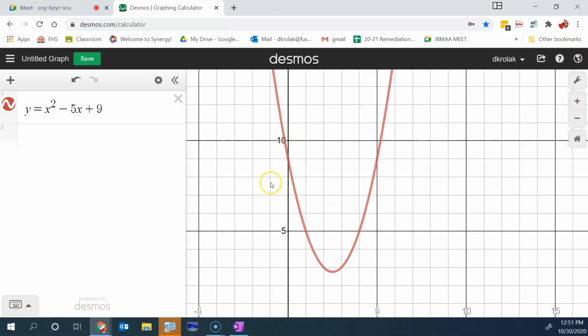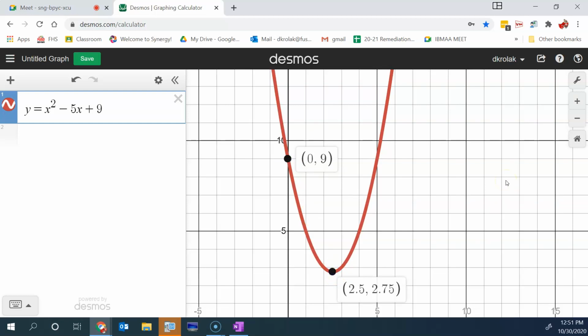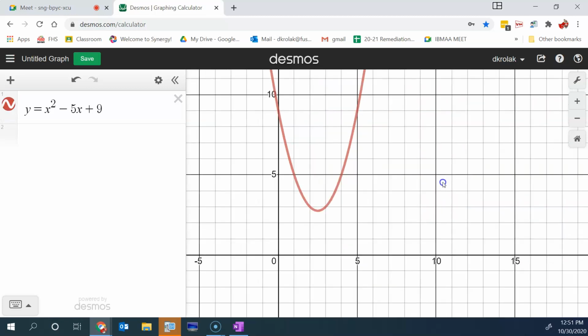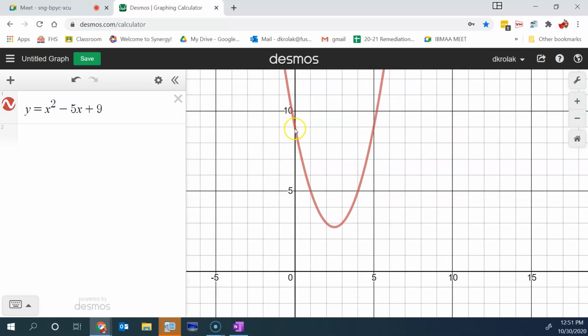Now, there's a y-intercept, so I'd label that, and I'd label that. That's what my sketch would look like. Yeah, because on Desmos, it's so easy. I understand, like on the TI, you got to do right bound, left bound, guess.